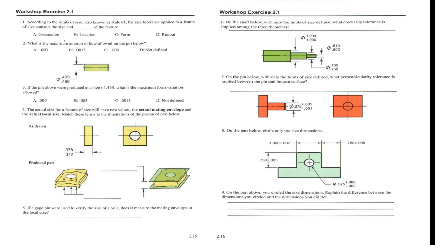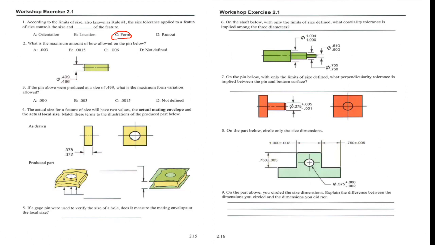Here in the next exercise, the size tolerance controls the size and the form of a feature. The correct option is C. And what is the maximum bow allowed on this pin below?